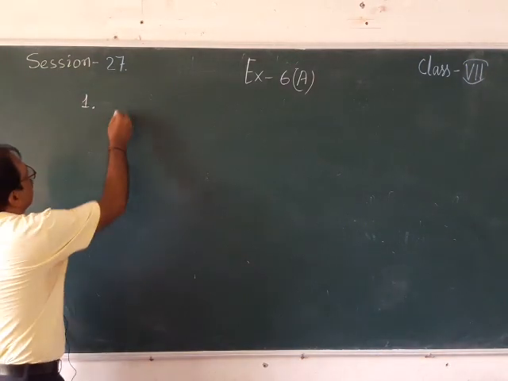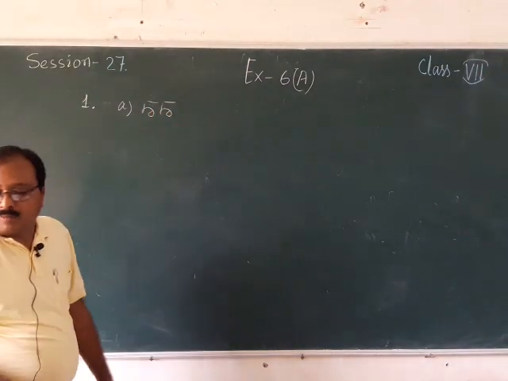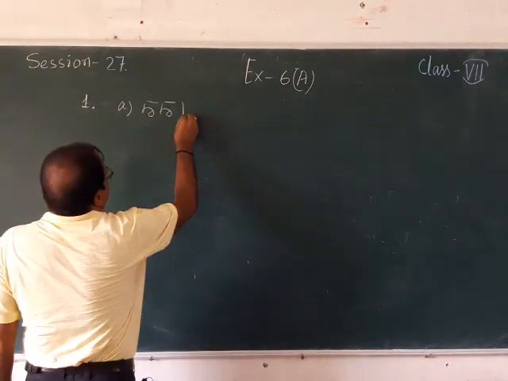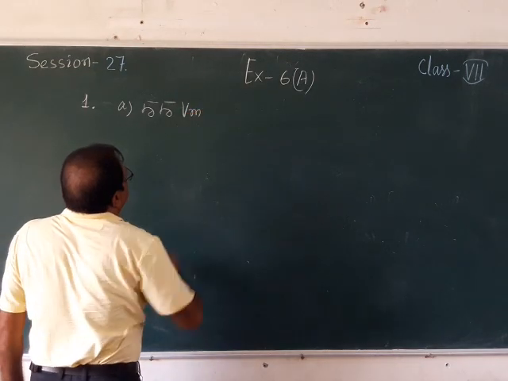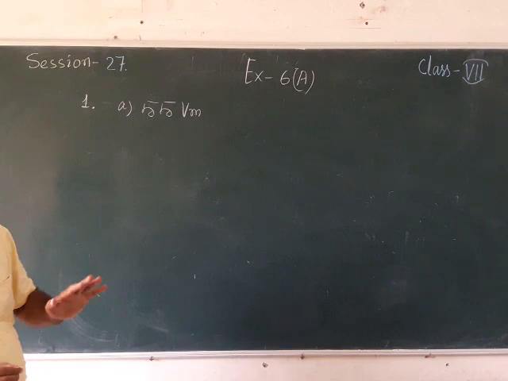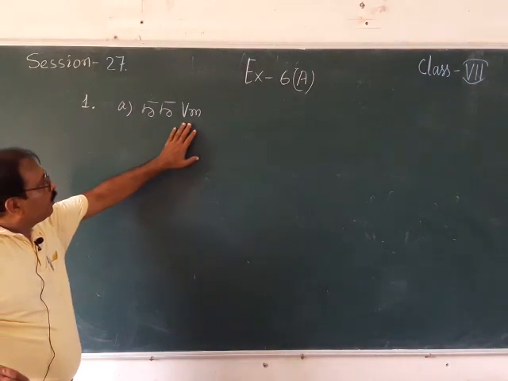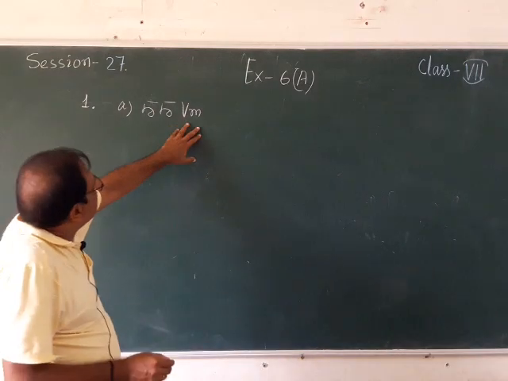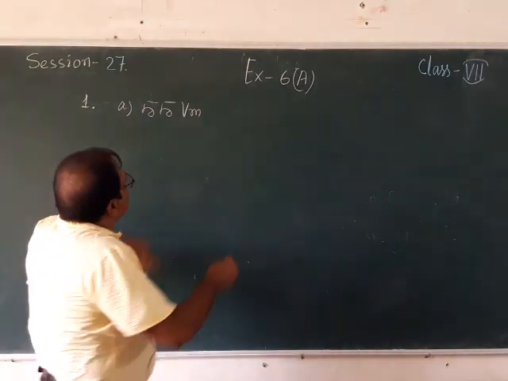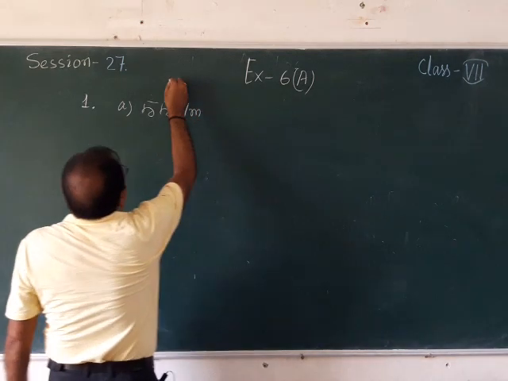The first question is 55 Vm. Here, what is the variable and what is the constant? First of all, this is your term.